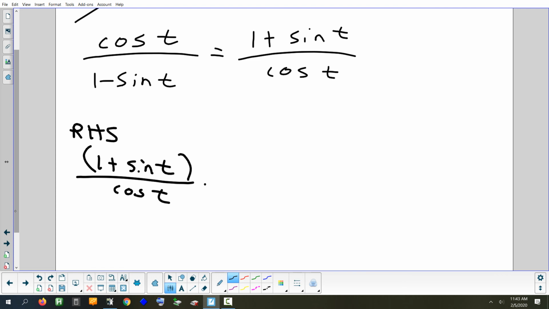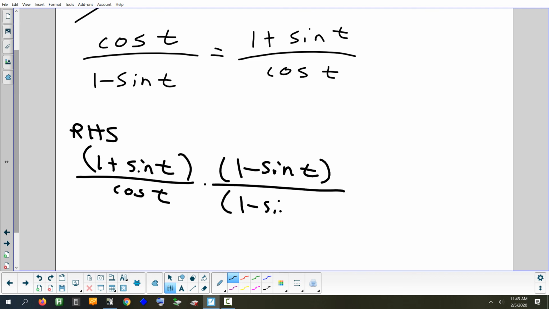What do you think the conjugate is? No, not negative 1. Sine minus 1? Or would it be 1 minus sine? 1 minus sine. Conjugate is when you change the sign. If it's a plus sign, we make it a minus. So 1 minus sine.